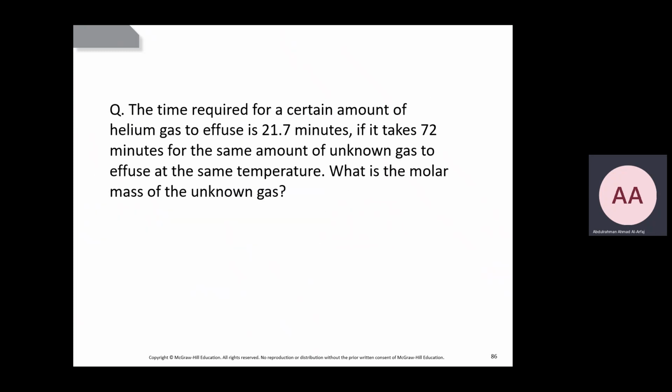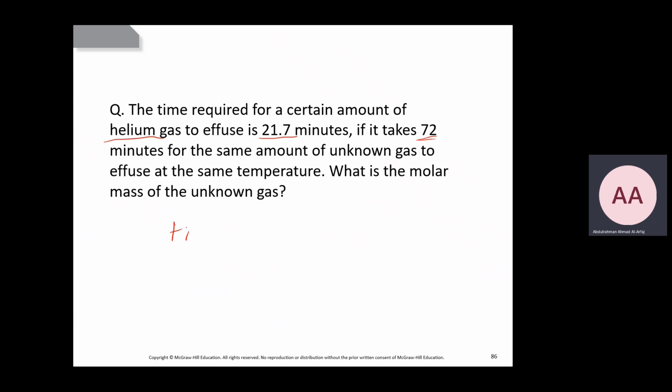Last question we have here, time. Now, the time required for a certain amount of helium gas to effuse is 21.7 minutes. If it takes 72 minutes for the other gas, what is the unknown gas? What's the molar mass of the unknown gas?